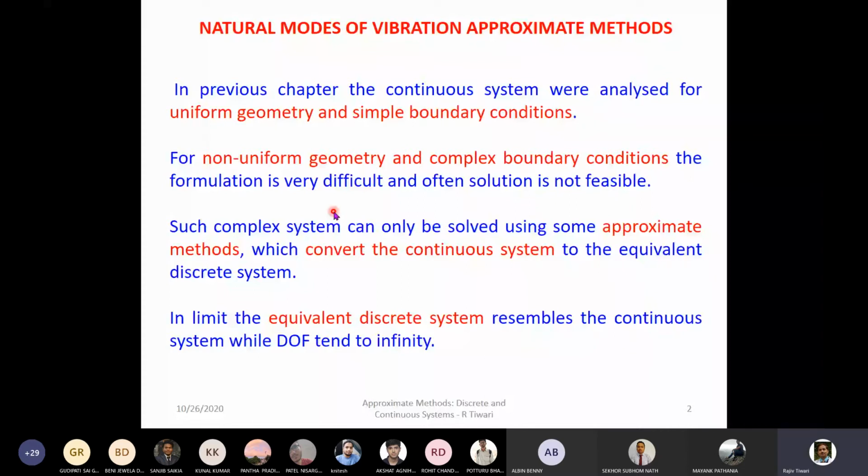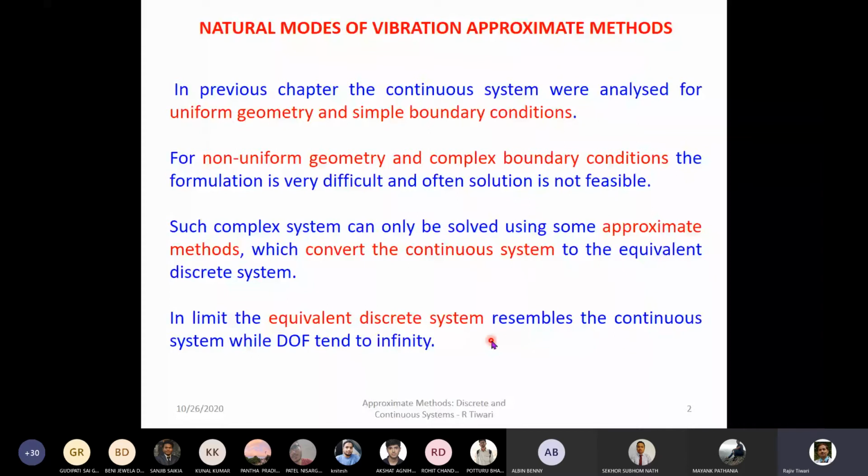As we have seen in the Rayleigh's quotient, if we truncate the series from infinite to some discrete value, there is some correlation between the continuous system and the discrete system. This equivalent discrete system will be exactly the same as the continuous system if the discrete system has infinite degrees of freedom.